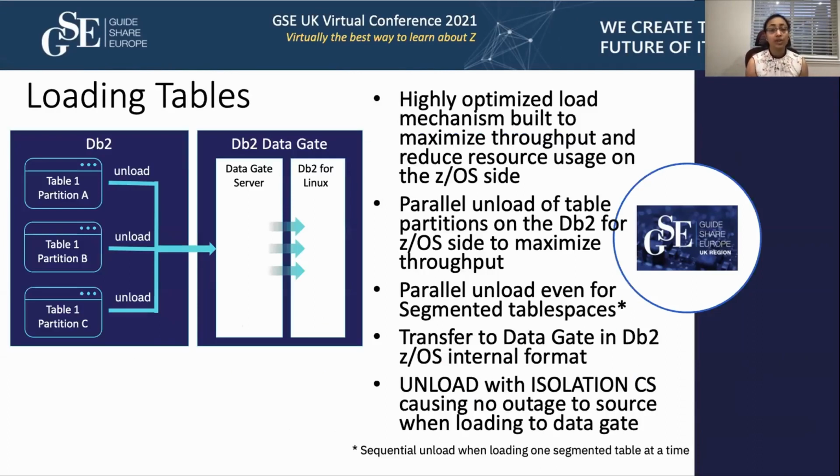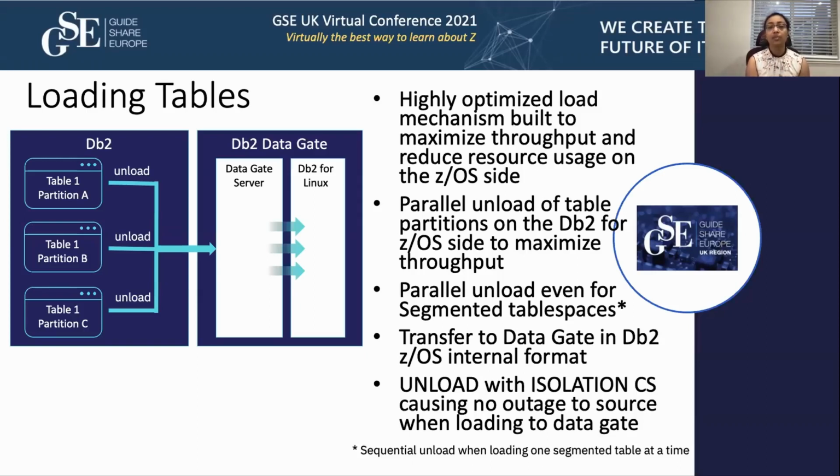Now the step about loading tables, which is probably a continuation from the discussion we were having about the log provider and the reader. This is the way the table load happens. Since integrated synchronization is built and optimized specifically to enable synchronization of data from the source to the target, the load is highly optimized to maximize throughput while keeping the resource usage on the Z side low.